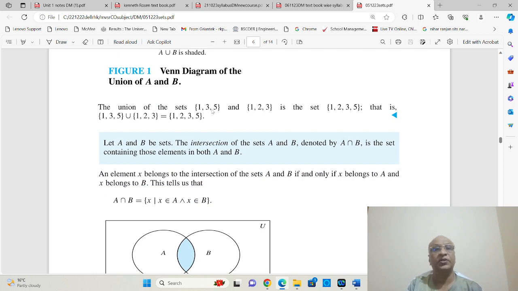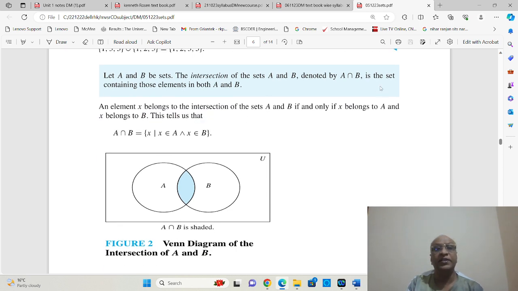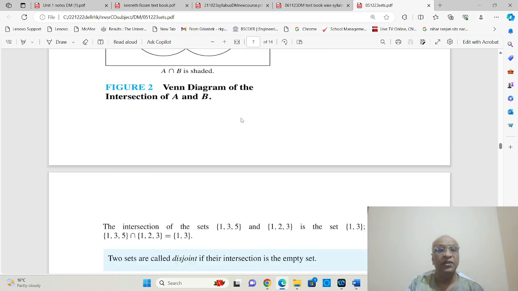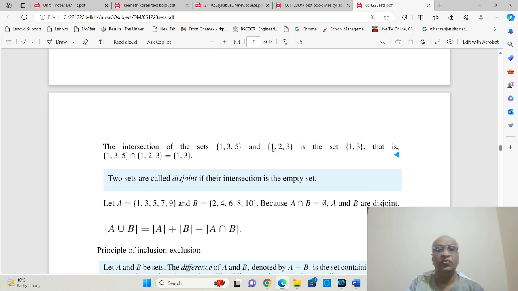If there is set A and set B, then the resultant is this set. Union is this. Intersection is those elements which are contained in both A and B. So if you look at the intersection, we have only 1 and 3.